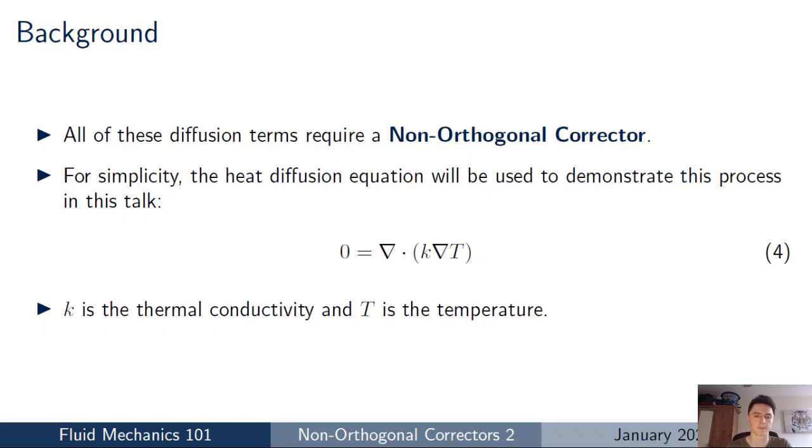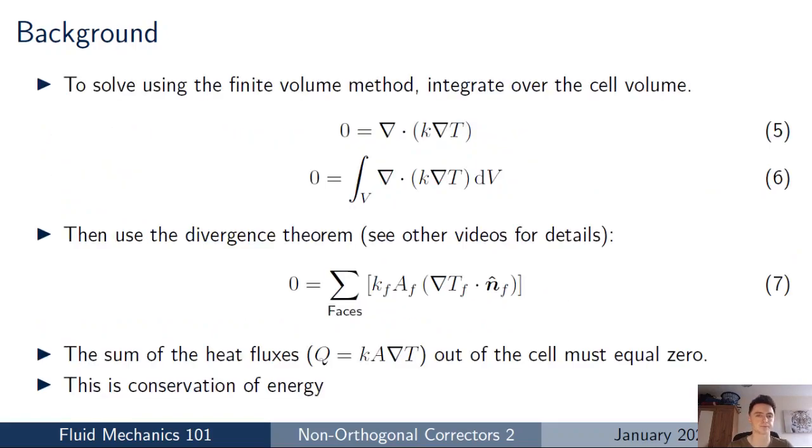So we've got nabla dot, and then k, the thermal conductivity, multiplied by the temperature gradient inside the brackets. That's a heat diffusion equation, or Laplace's equation, if you're used to thinking of equations like that.